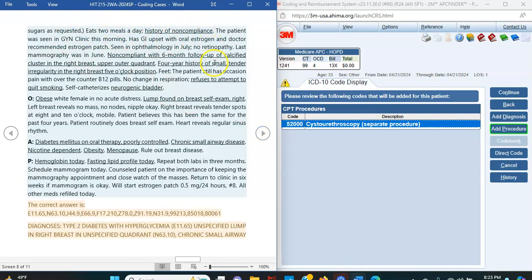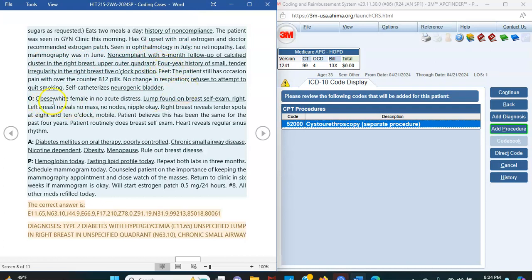Oh yeah, there's a lot in this one. History of non-compliance. The patient was seen. More non-compliance. She refuses to attempt to quit smoking. So we've got nicotine dependence, neurogenic bladder, and up here there's a lot to do with some kind of lump in the breast.